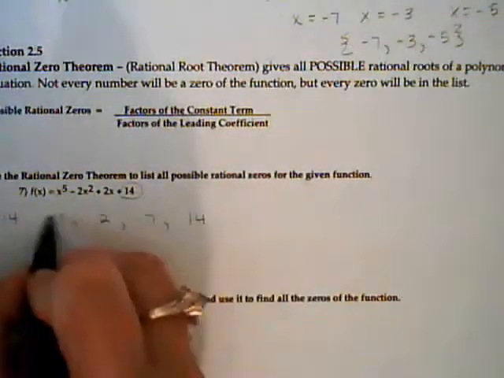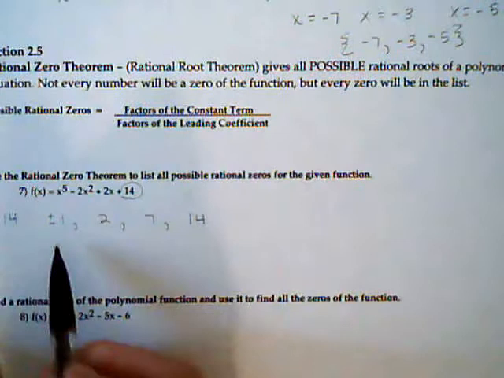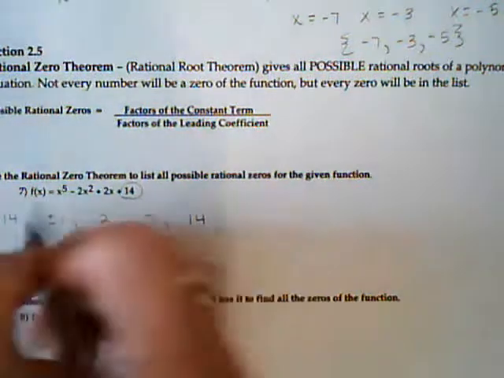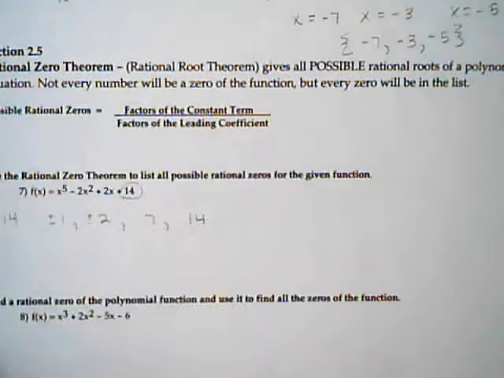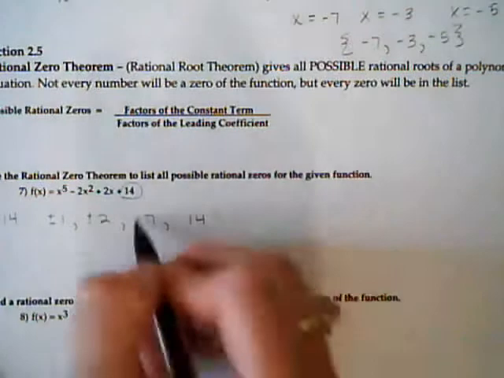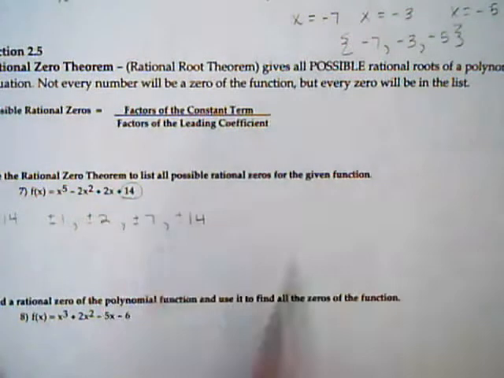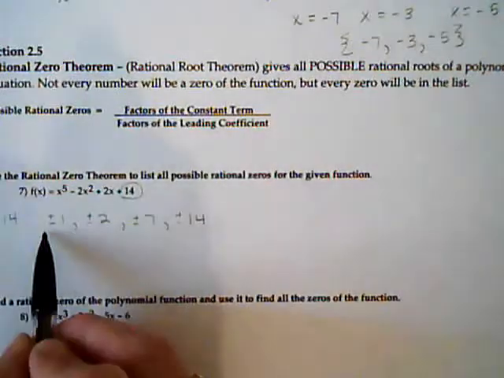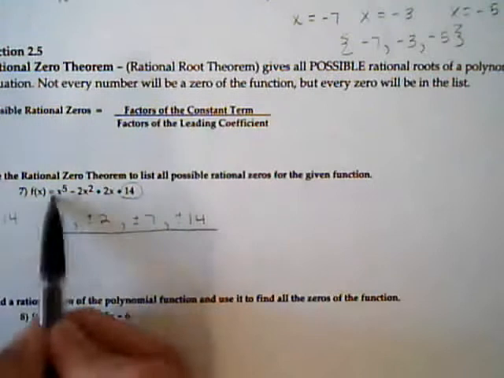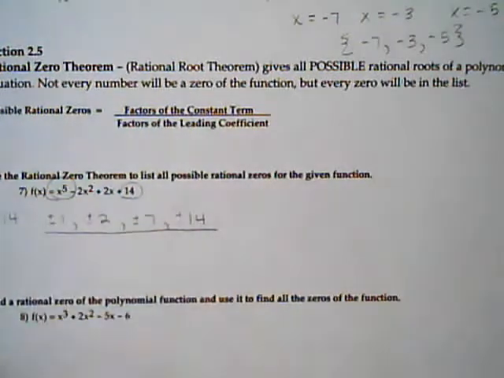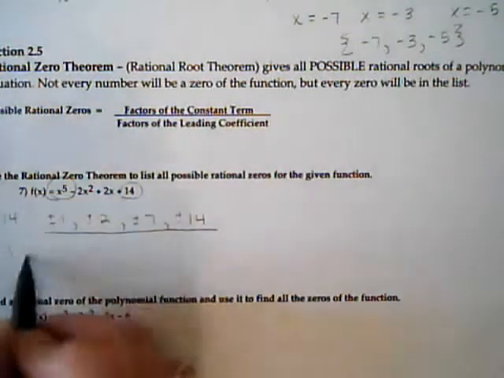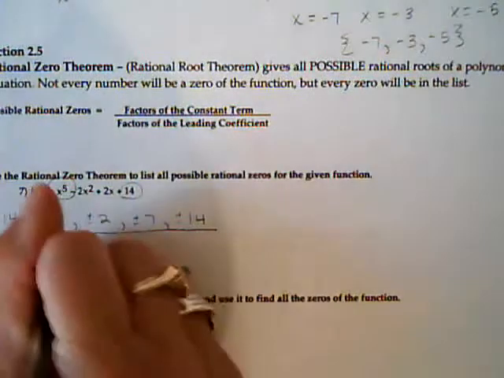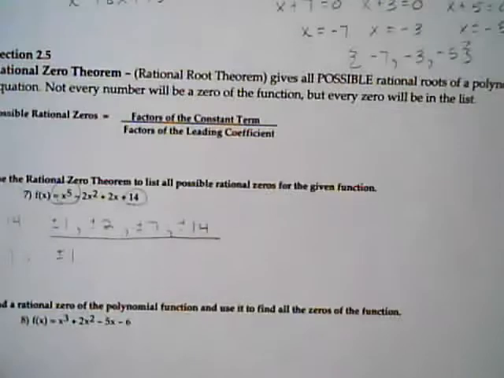But I also have to consider that positive or negative 1 will divide into 14. Positive or negative 2. Positive or negative 7. Positive or negative 14. Those are all the factors of 14. And I'm going to divide that by the factors of my leading coefficient, which is a 1. This one's not too bad because the only factors of 1 are plus or minus 1.